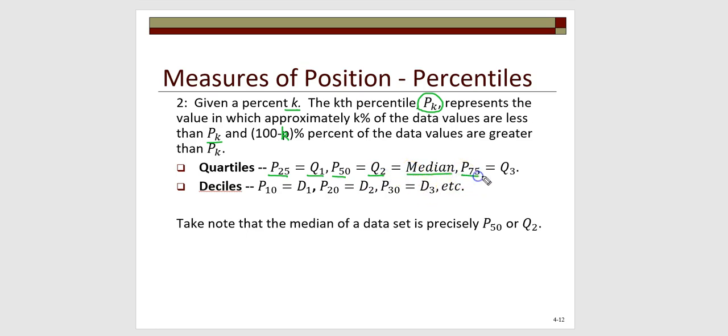And the 75th percentile is called Q3, or our third quartile. We can also have deciles. We don't use them very often, but P10 would be your first decile, P20 your second, P30 your third decile, and so on, although we're not going to really use them here. And also take note once again that the median of the data set is merely P50 or Q2. They're the exact same number.